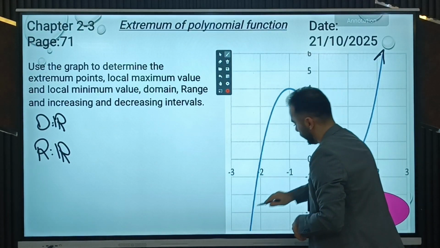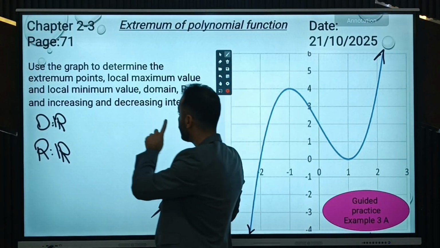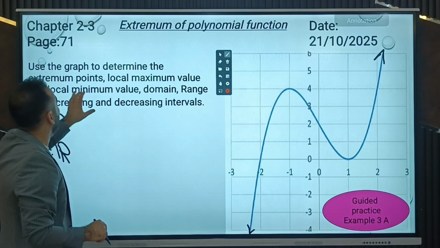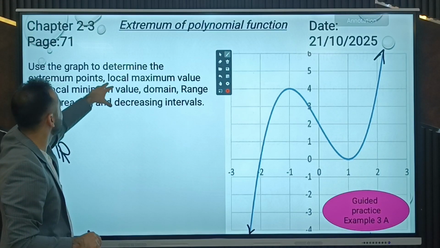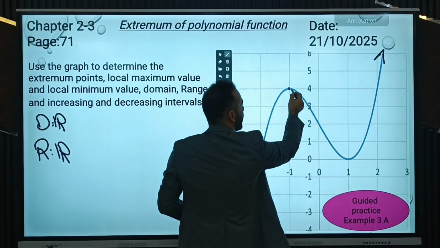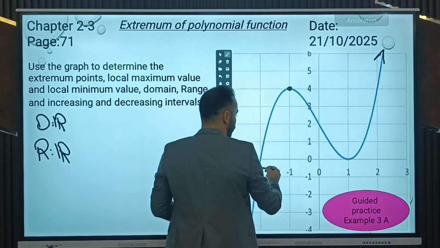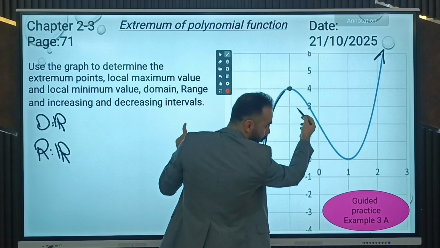Perfect. Then it says, find the local maximum. So finding the extremum points means finding the local maximum and local minimum. The local maximum is here. What was the definition of local maximum? Go up, then go down. Change direction to go down. All right, so here is the local maximum.